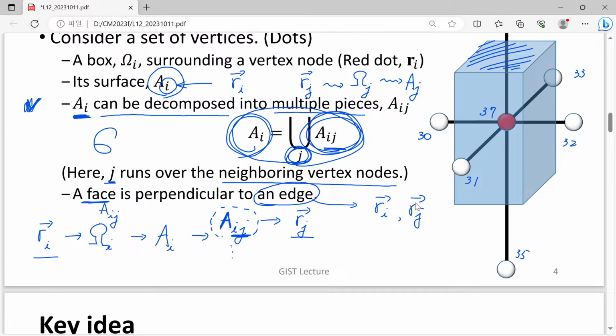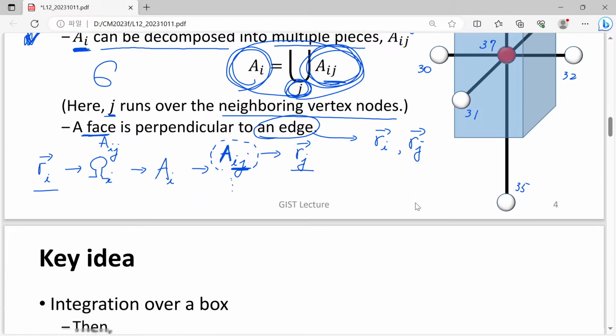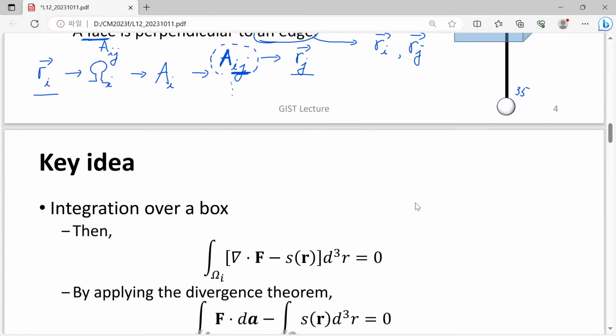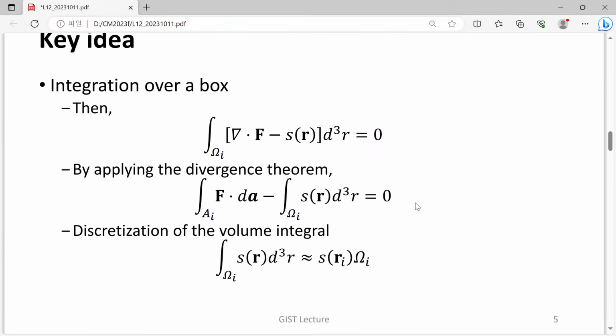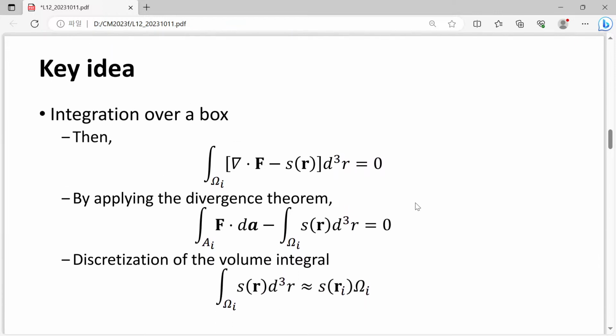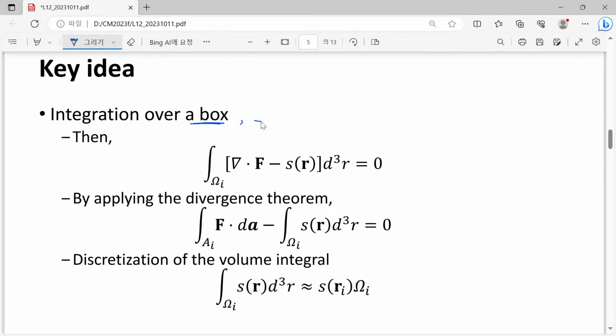However, don't be too afraid of this kind of preparation. It can be quite simple in reality. So now let's assume that we have all well-prepared boxes. Then let's try to integrate our equation over that box, box omega sub I. Then what will happen?